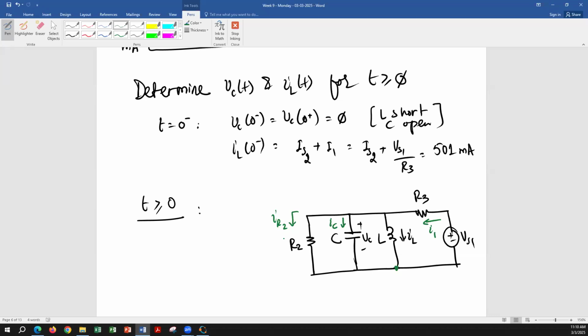So IC will be equal to what? Yes, I1 minus IR2 minus IL. By KCL, I1 is dividing into these three currents, so IC will be equal to I1 minus this current minus this current.